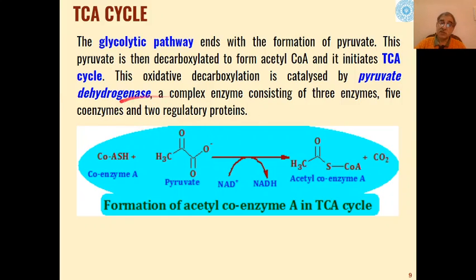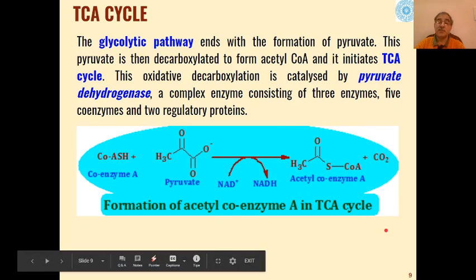So this complex enzyme pyruvate dehydrogenase catalyzes the decarboxylation of pyruvate for the synthesis of acetyl coenzyme A in the TCA cycle.